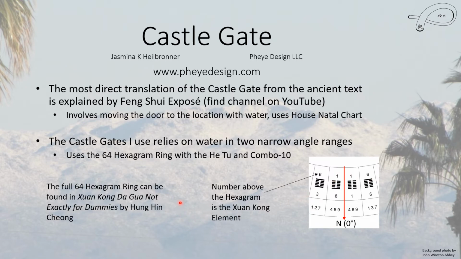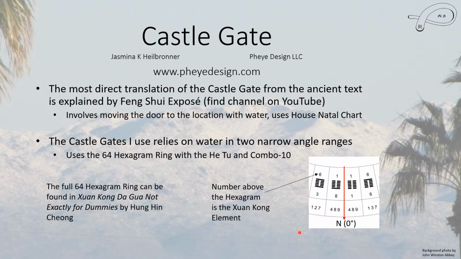And you can find the complete ring in this book here, Xuan Kong Da Gua, Not Exactly for Dummies, by the same author as before. And the Not Exactly for Dummies is quite accurate. It's a pretty intense book, but it's also very, very useful. And I rely a lot on this book.